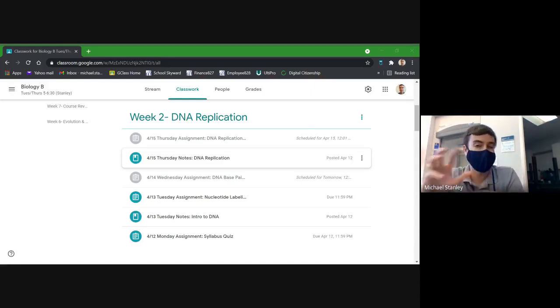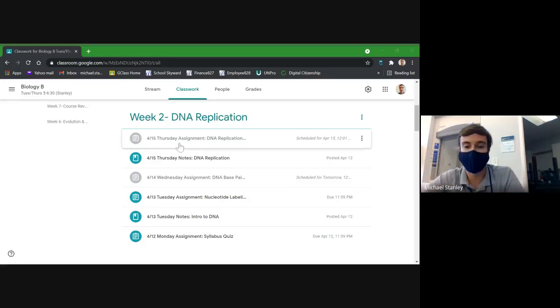It's a really complex process that I'm going to try to give you the most important basics for. But DNA copying itself is really important. It's how we're able to make new cells and new organisms out of ones that already exist.